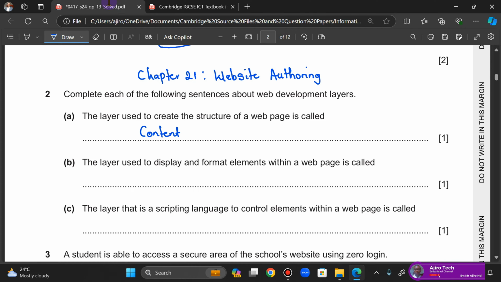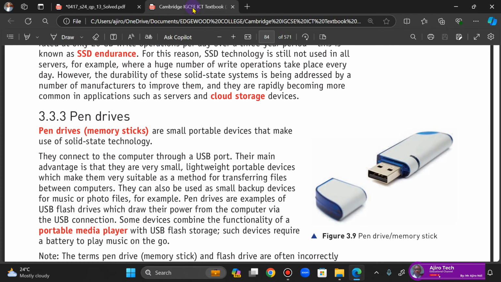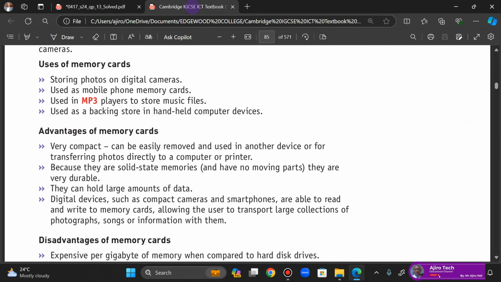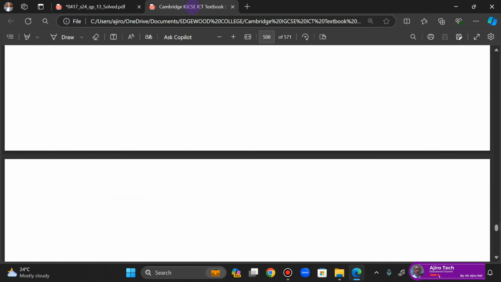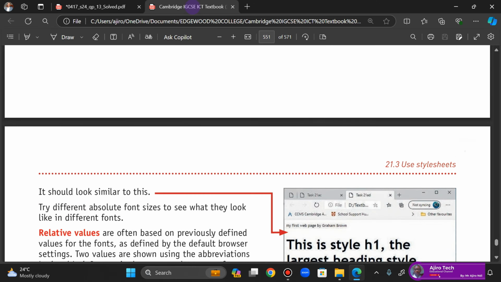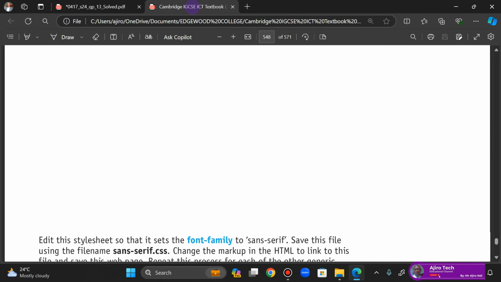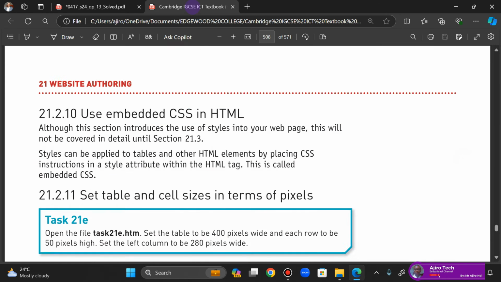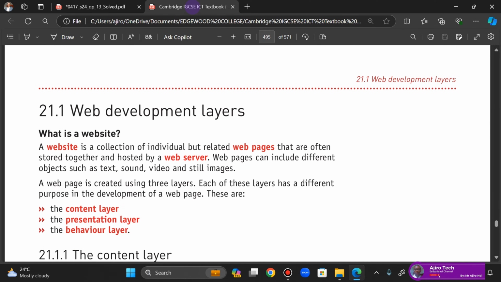Okay, now I'm going to show you this. And you see that in the very first part of the website authoring. Right here.